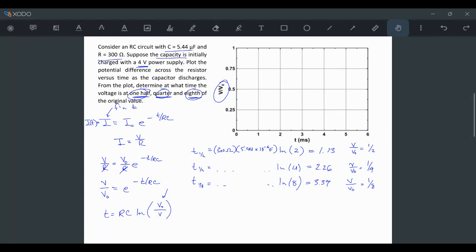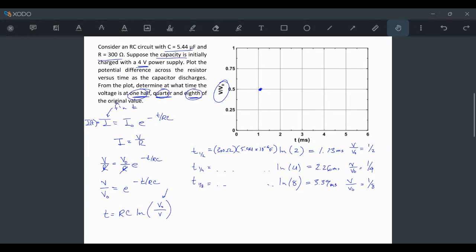So now we can just fill these in. I'll try to be as accurate as possible, but doing it by hand is often a challenge. There's the first point at 1.13, which ends up being milliseconds. 1.13 milliseconds, we're at a half of the original voltage.